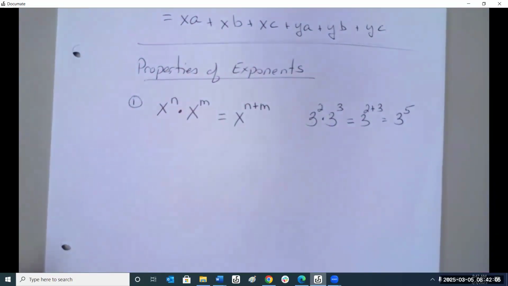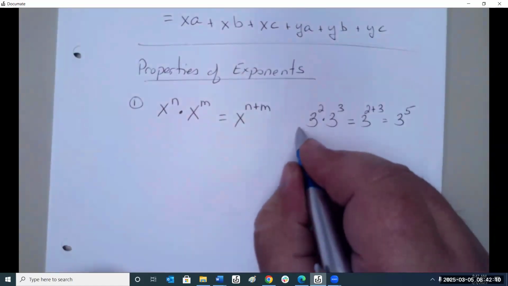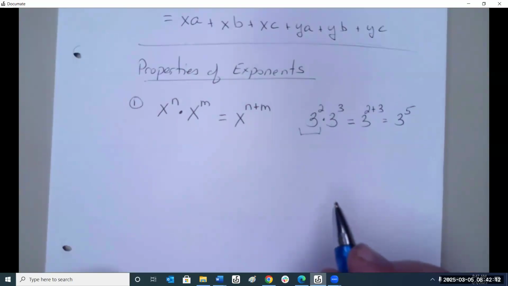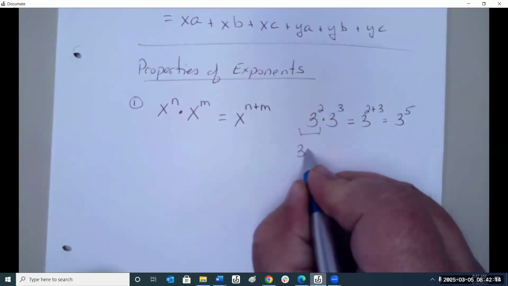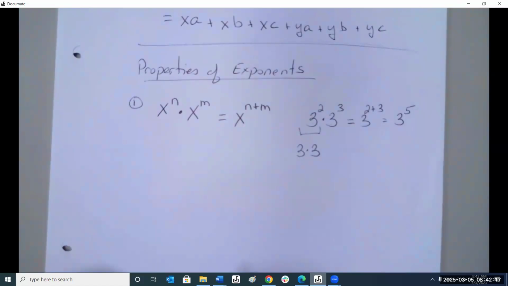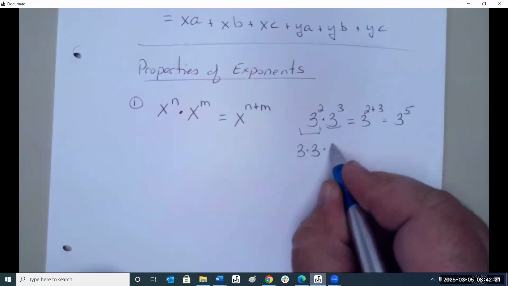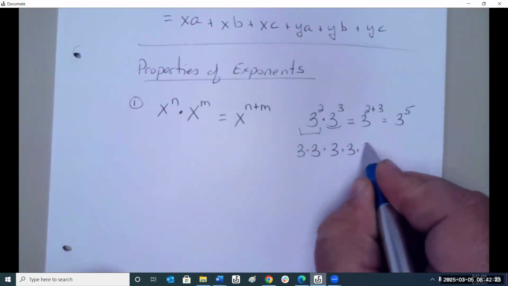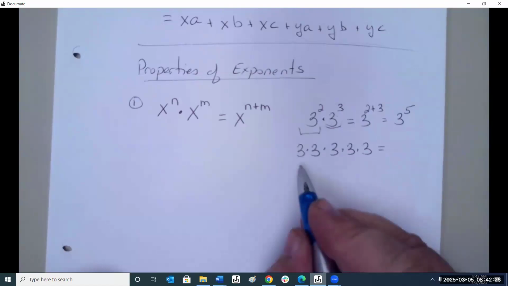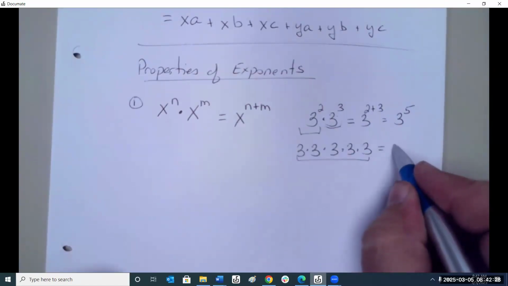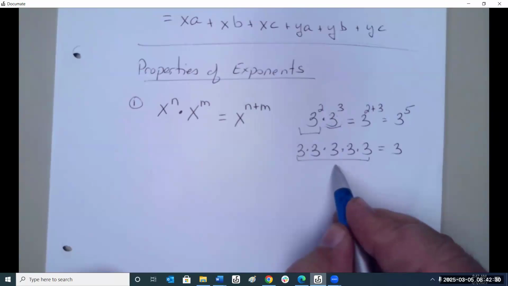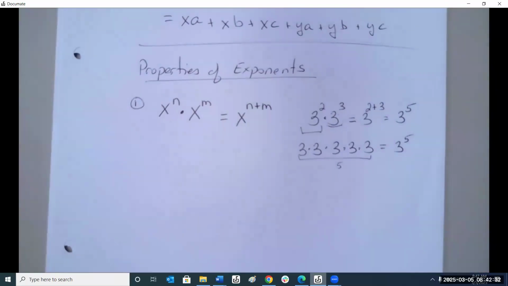That still doesn't answer why. Here's the why. What does 3 to the power 2 mean? 3 times 3. Times 3 to the power 3 means 3 times 3 times 3. They're all the same. How many of them do we have? So it's just a shortcut of doing that rule.